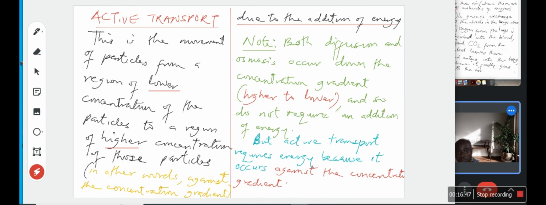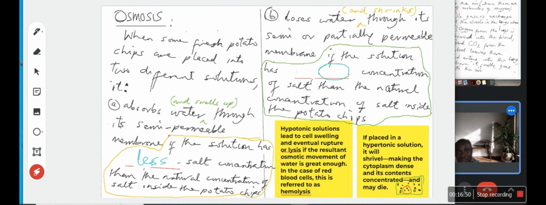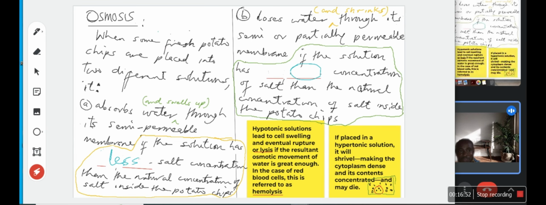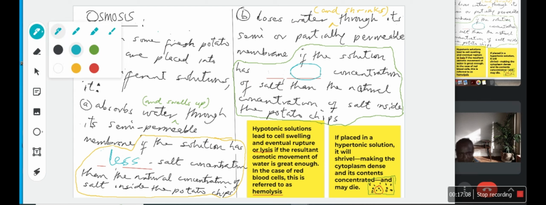And then the other part of the question is B. You go back to it again. Now, the potato chip can lose water and shrink through its semi or partially permeable membrane if the solution has more concentration of salt.